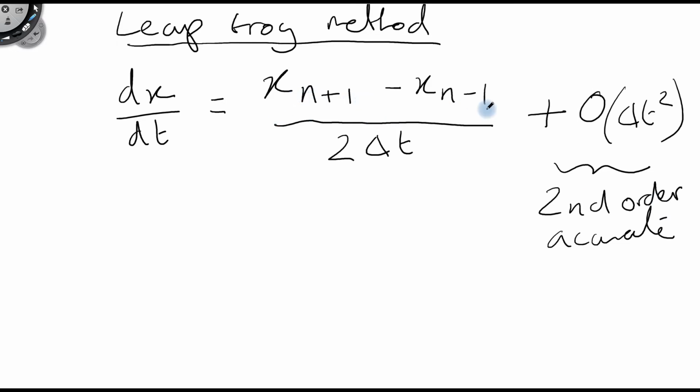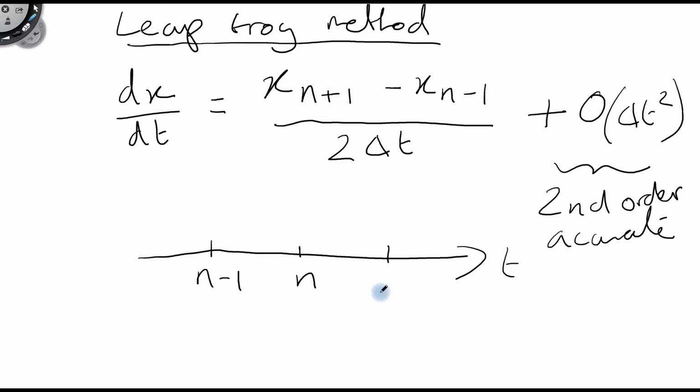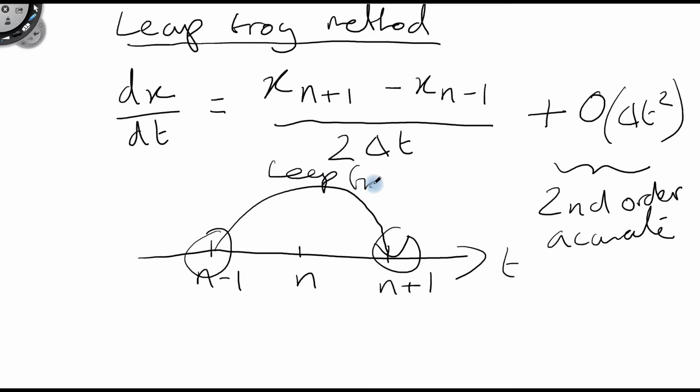And this is where the leapfrog comes in, because you're using steps n+1 and n-1. If we imagine a timeline where you have n-1, n, and n+1, we're essentially using these two time points, n-1 and n+1. So in a sense, it leapfrogs over step n. Okay, so that's where the name comes from.